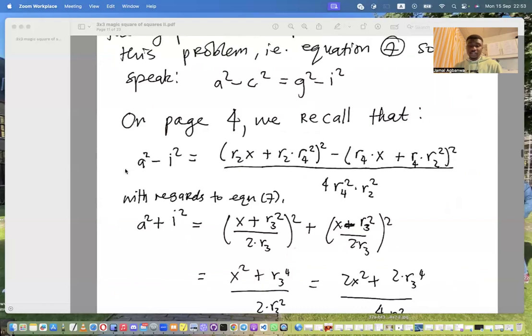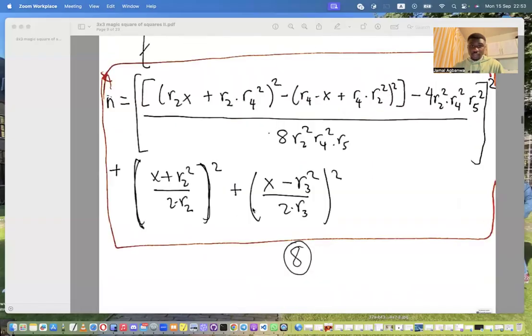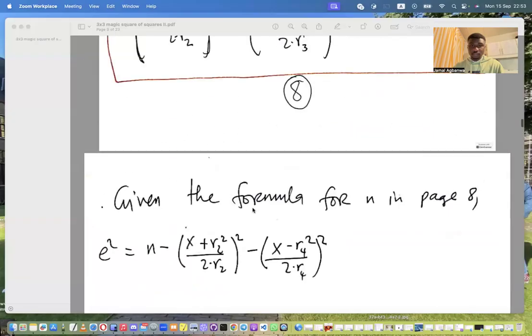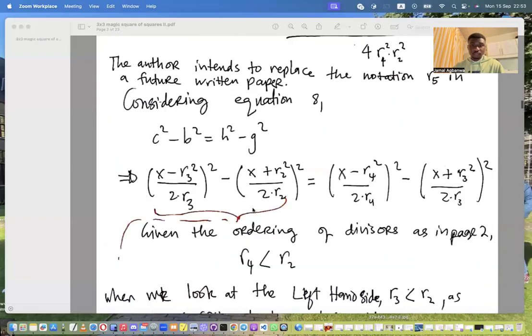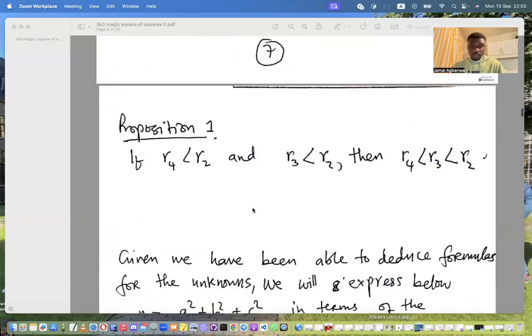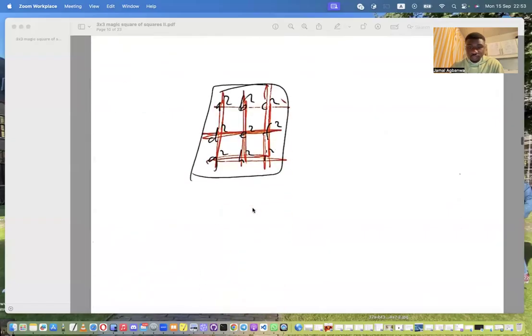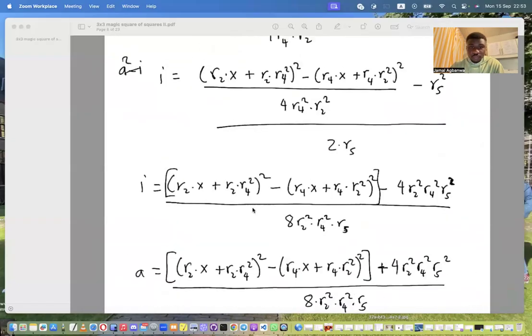If you notice what we are doing here, these two simultaneous equations, here, when you come over here, let me go to page 4.